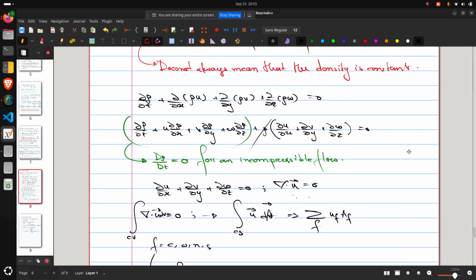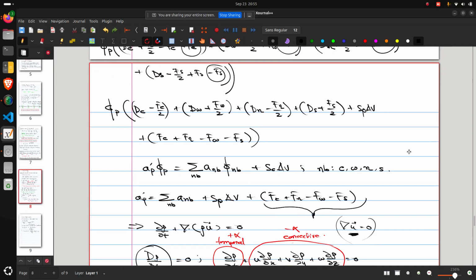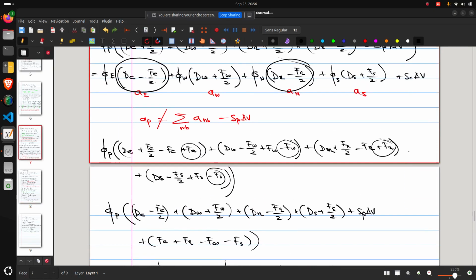So there is an elegant method to deal with this negativity of the coefficients. We can avoid this kind of negative coefficients coming up in our discretized equations by changing the way we get the value of phi at the different faces. So in this part, sir has introduced you to the averaging method.